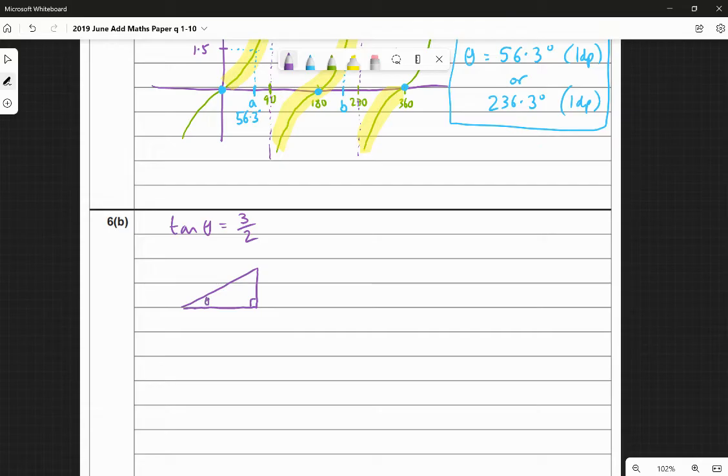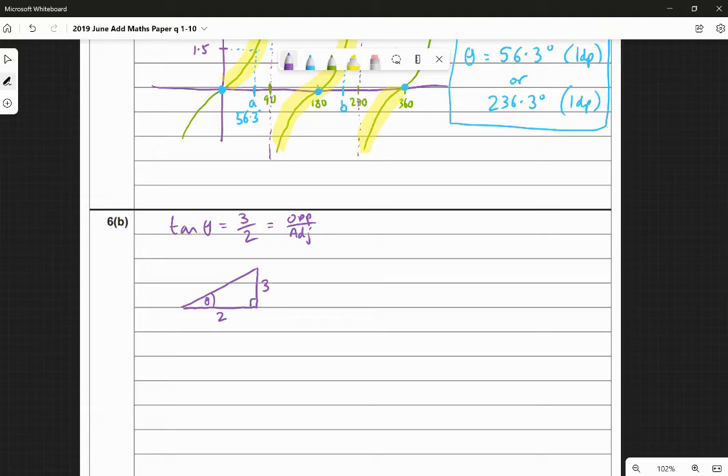If theta is this angle here and tan of theta is 3 over 2, that means I know the opposite and the adjacent sides, because tan theta is the opposite over the adjacent for a right angle triangle. So I could just say that's 3 and that's 2. Sorry for the scale of my diagram. It's not great. The 3 looks smaller than the 2, but you get the general sense.